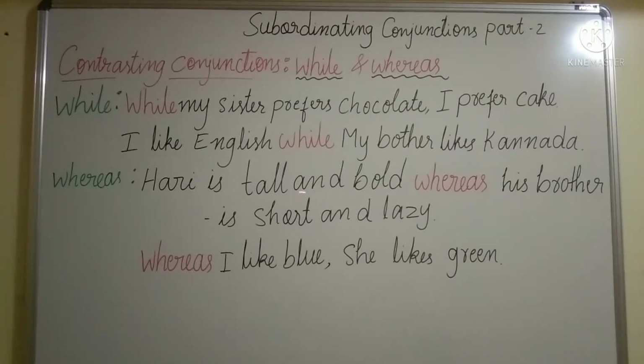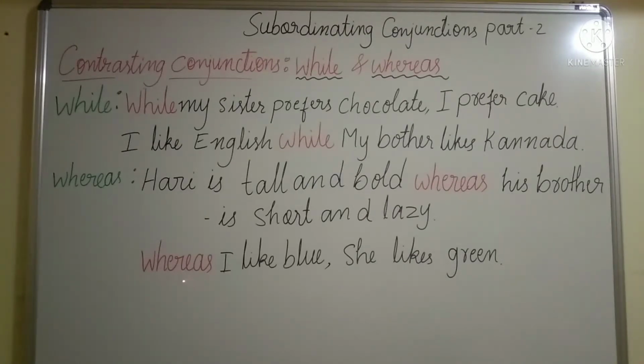This is the character or the qualities of Hari, whereas his brother is short and lazy. We can find different qualities or different characters in the second clause, opposite of the first clause. See, this is what we call contrast. So in such a situation we will use the subordinating conjunction whereas.